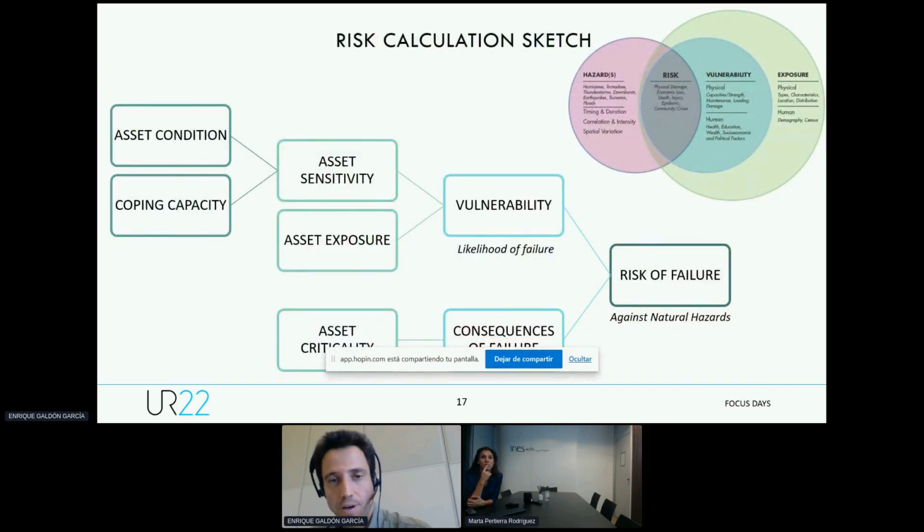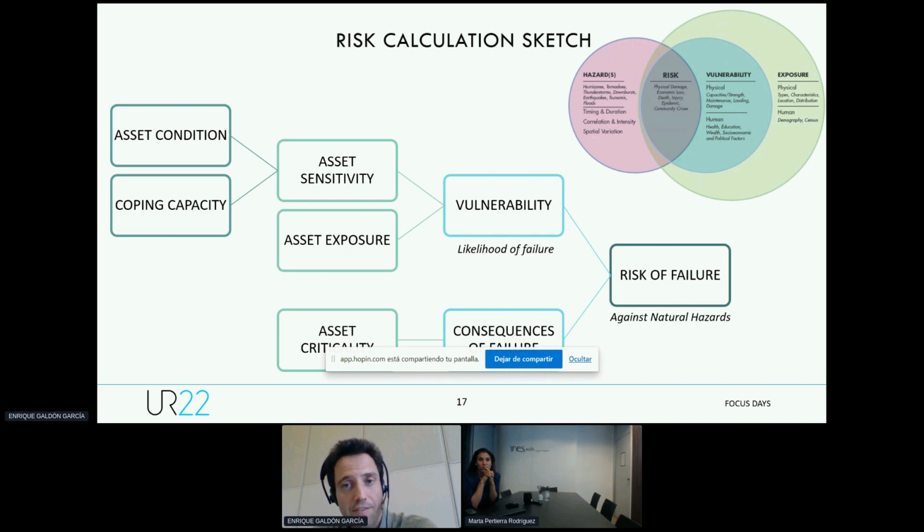And how do we do this? Well, we do it using key performance indicators. At the end, we were saying that we are looking for a risk-based assessment. That risk-based assessment translates into a key performance indicator, which is what we call the risk of failure, and that is what marks the decisions that we're going to be making.